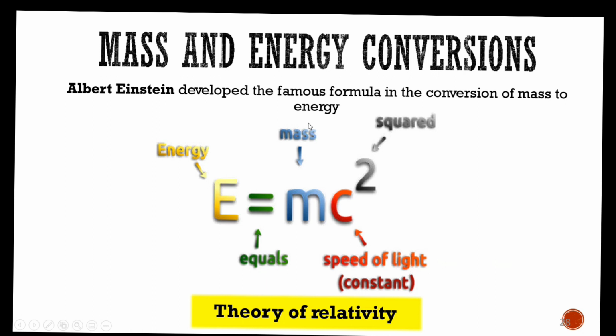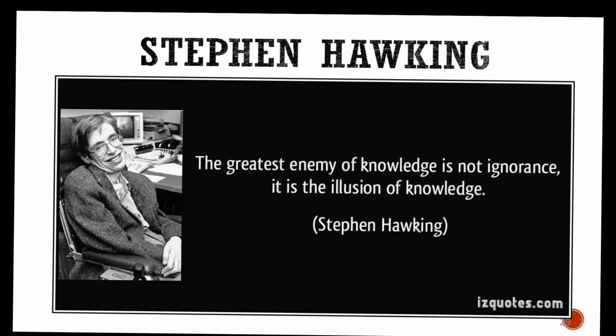It is said that energy is equivalent to mass times the square of the speed of light. So this is a contribution from Albert Einstein. Then Stephen Hawking: the greatest enemy of knowledge is not ignorance, it is the illusion of knowledge. Illusion, okay? We do not have any basis for it.